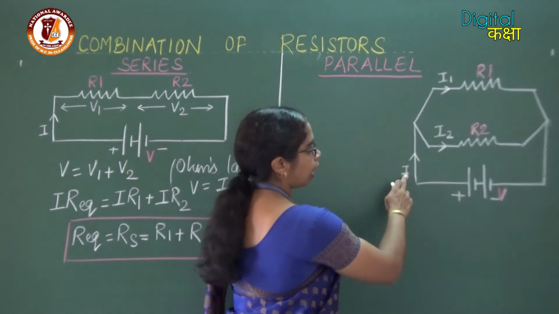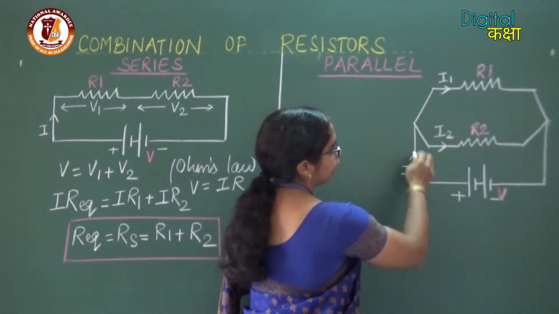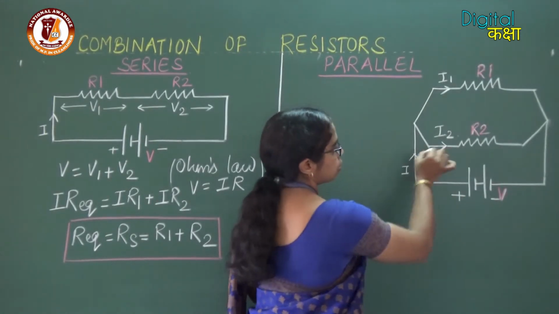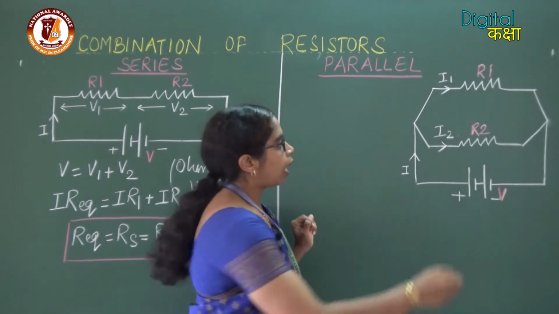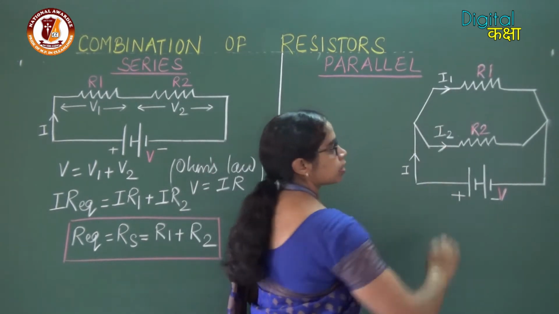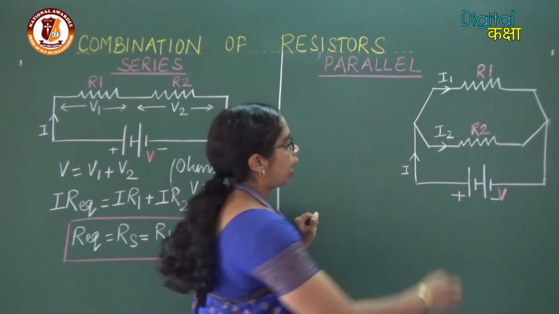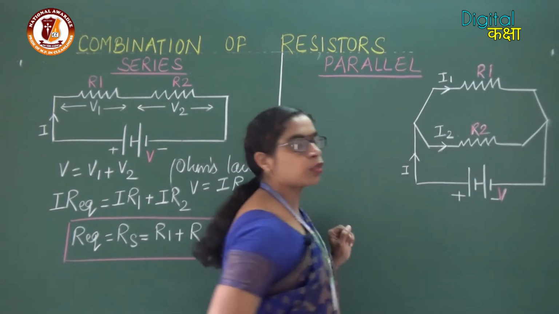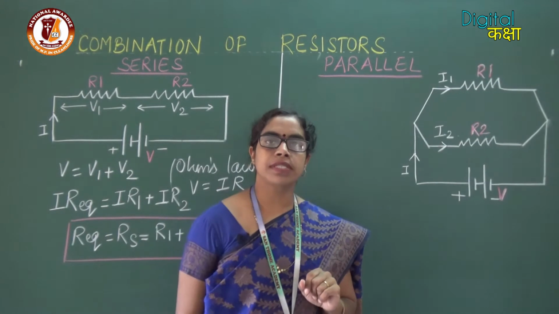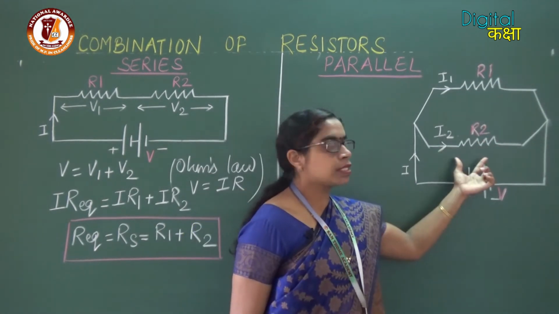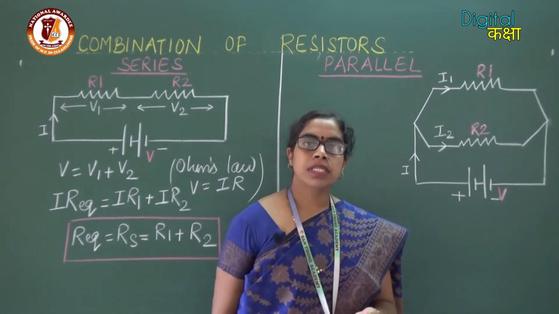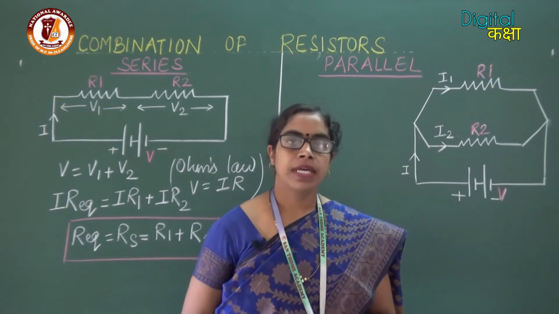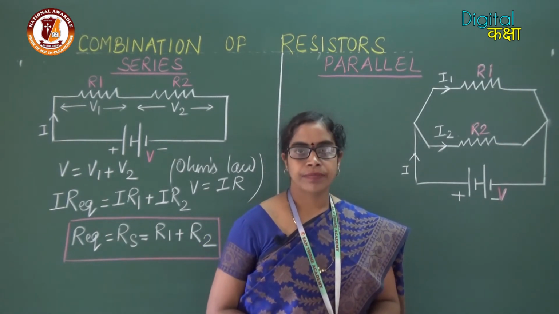This current I gets divided into two parts, out of which I1 is flowing through the resistance R1 and I2 is the current flowing through the resistor of resistance R2. These two resistors have the same value of potential difference across their ends.